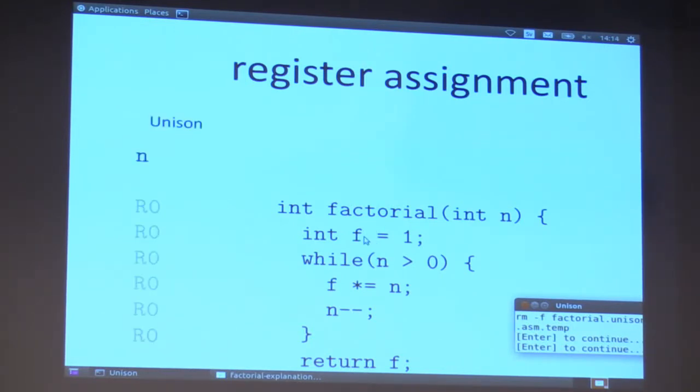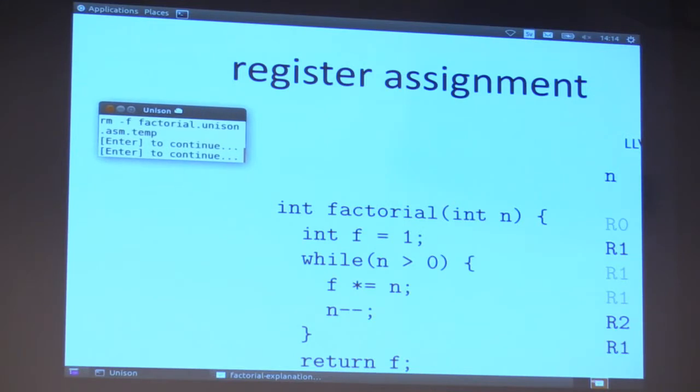So in the solution that Unison generates, Unison decides to keep n in register 0 during the entire execution of the function. And then to have f on register 1 since it's initialized. And just in the very last cycle, f is moved to register 0 just before return to satisfy the calling convention requirements of Hexagon.